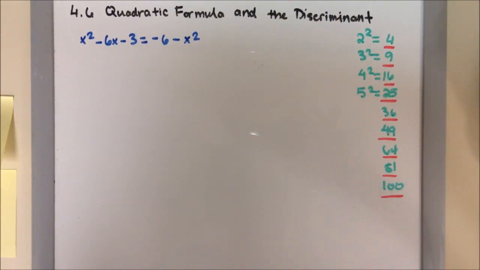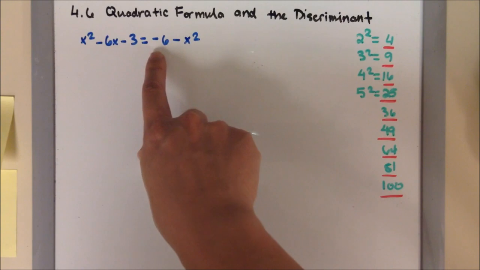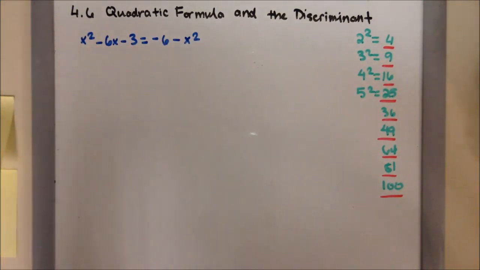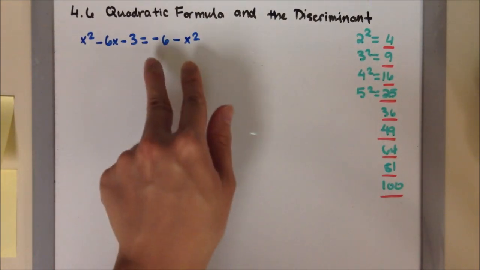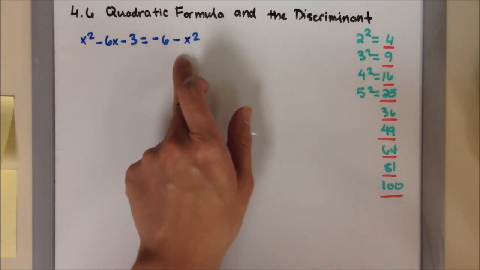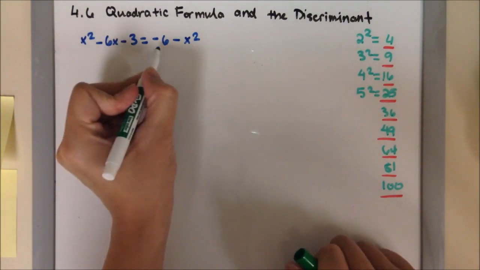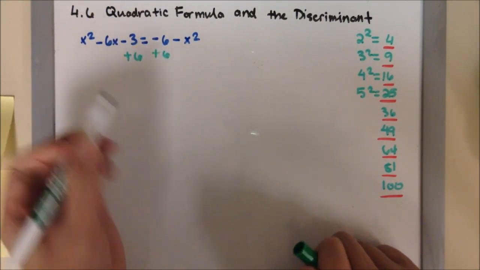In this next example, we have x squared minus 6x minus 3 equals negative 6 minus x squared. So we're going to get everything on one side, meaning making the equation equal to 0. The majority is on the left side, so I'm going to cancel out the negative 6 and cancel out the minus x squared. The opposite of negative 6 is plus 6, so plus 6.